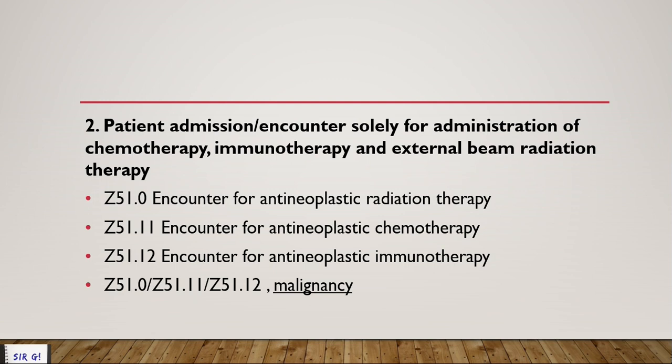Okay? But you always need to check if that is really the sole reason for encounter. If it's really the sole reason for encounter, you need to code the Z51 first. This is a common question in the exam, so keep in mind.